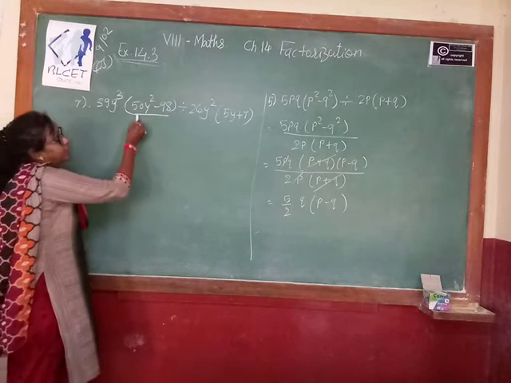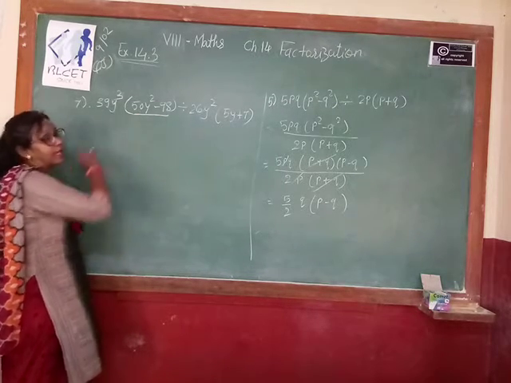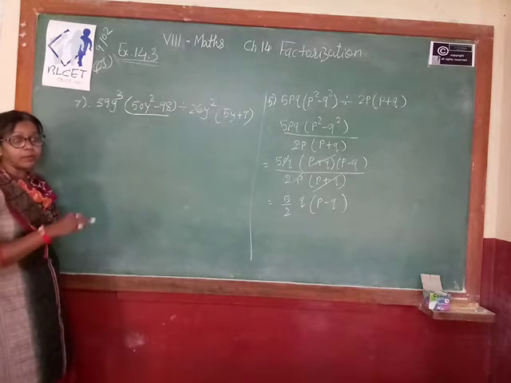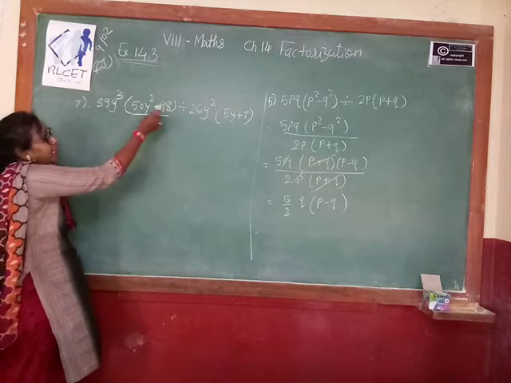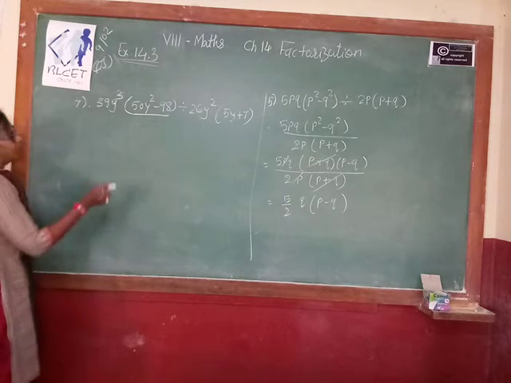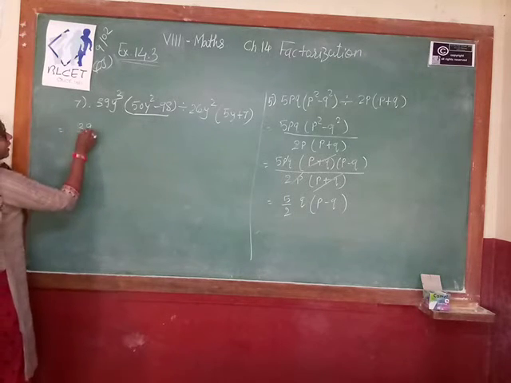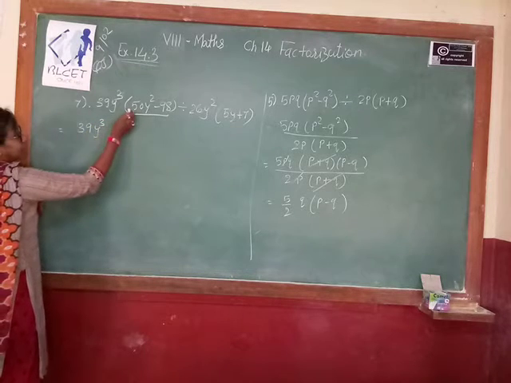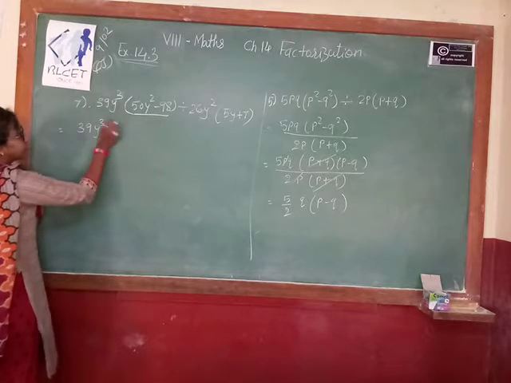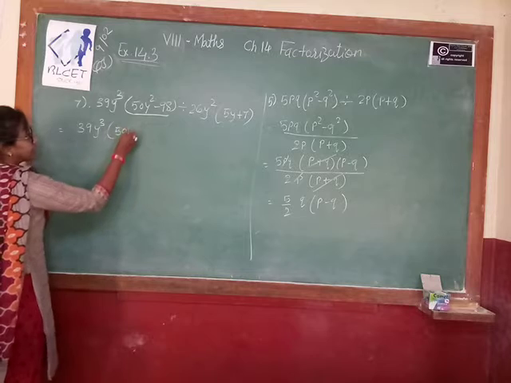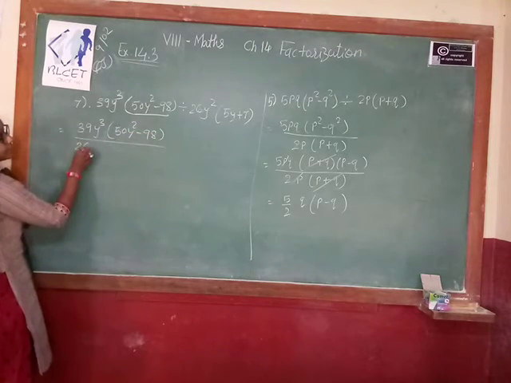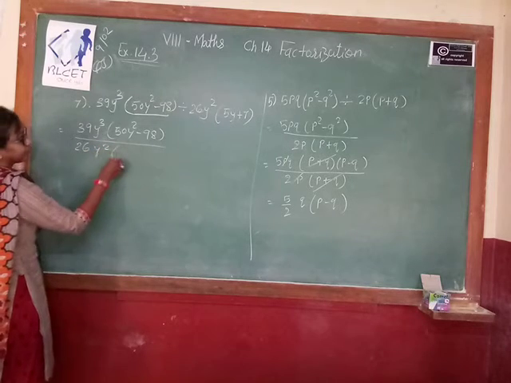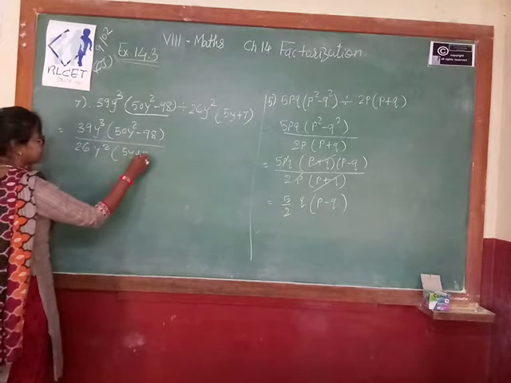Here we see 50 is not a perfect square, 98 is also not a perfect square. But when you take out 2 as a common from 50 and 98, you get perfect squares. Let's see. So 39y cube, if you take 2 as common, first write down 50y square minus 98 whole divided by 26y square, 5y plus 7.